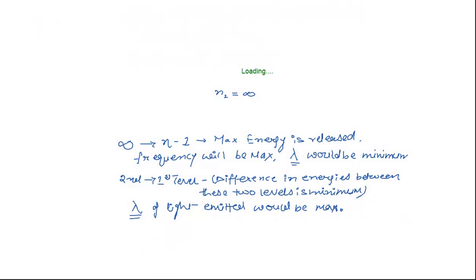Now what was the equation given? The equation given is nu is equal to 3.2881 into 10 to the power 15 second inverse, and it is 1 upon 1 square minus 1 upon n square.